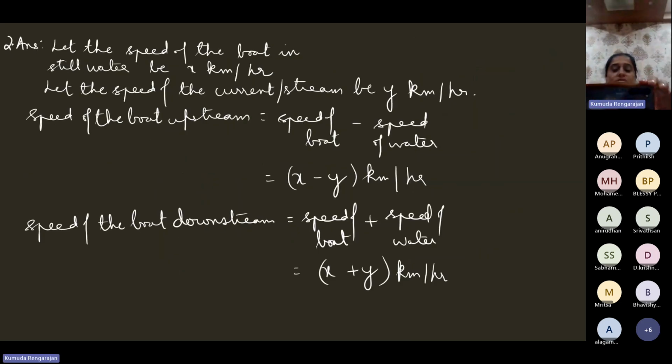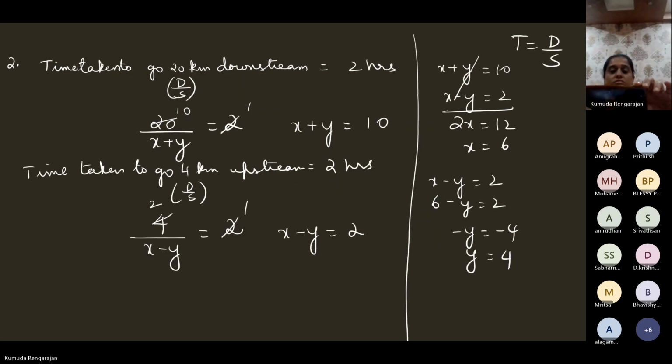The same assumptions for the second one. The difference between the first and second one is that in the first one, the time taken was given for going upstream and coming downstream.